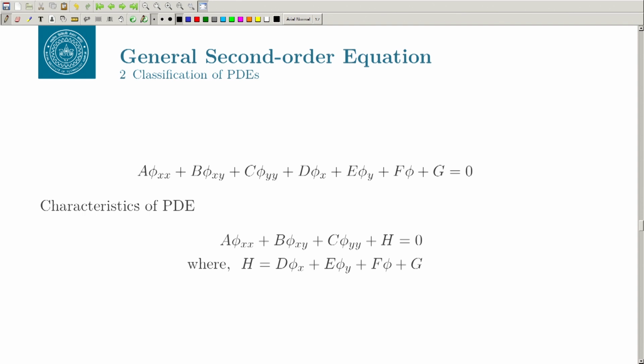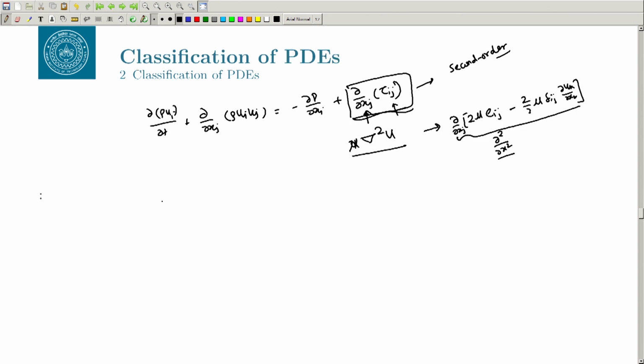The general equation we have is a phi x x plus b phi x y plus c phi y y plus d phi x plus e phi y plus f phi plus g equal to 0.